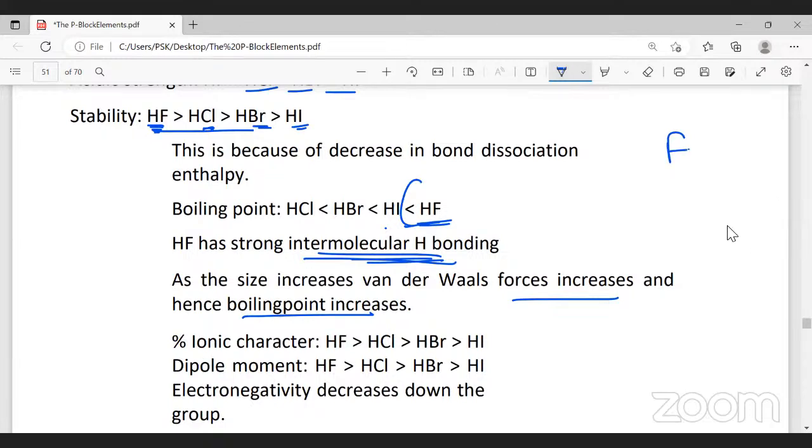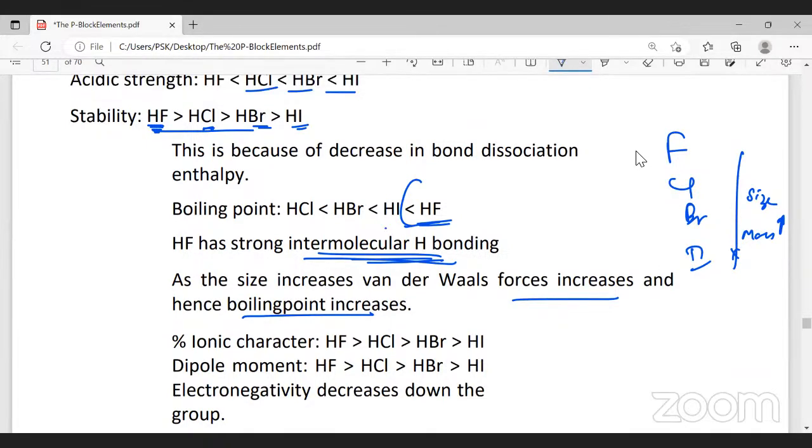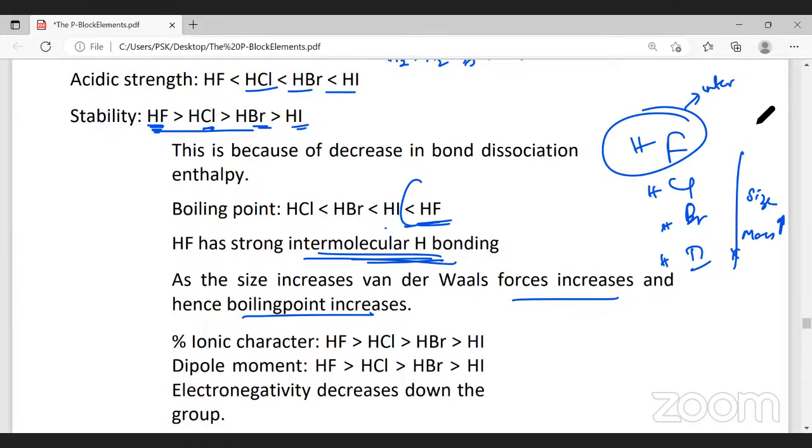As the molecular mass increases, the boiling point should also increase. So HCl, HBr, HI follow this. But in case of HF, even though the molecular mass is less, it forms intermolecular hydrogen bonding, so the boiling point of hydrogen fluoride is high compared to all the others.